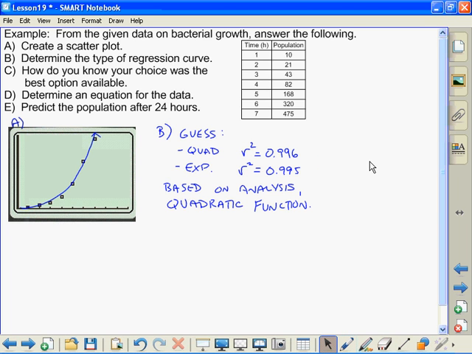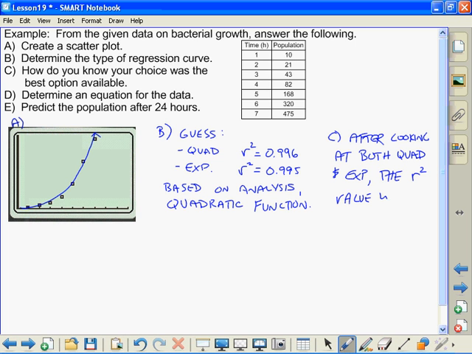That's the C part. After looking at both quadratic and exponential, the R² value was higher with quadratic.